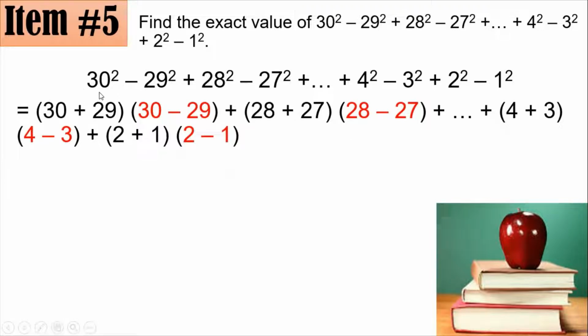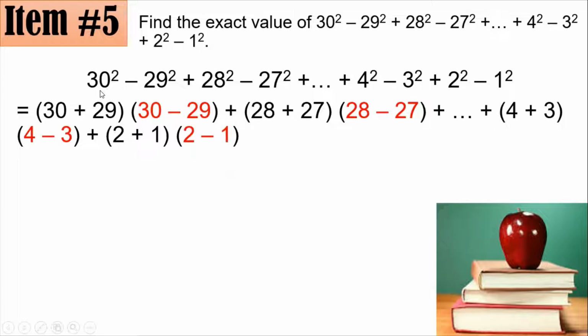For example, if we have the first pair, 30 squared minus 29 squared, we could see that this is in the form a squared minus b squared. And a squared minus b squared is factorable into a plus b times the quantity a minus b.